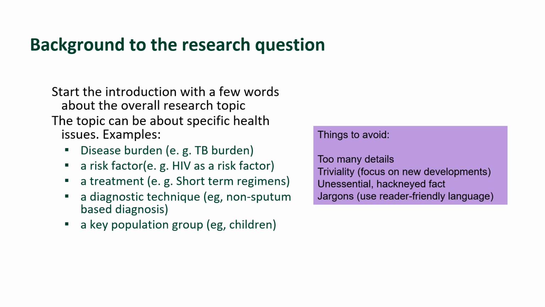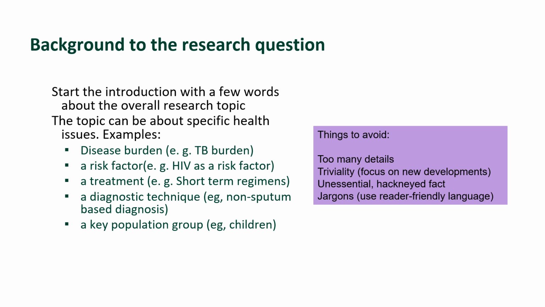That's my background, and I'll be happy to even give more details on this topic in the future. But for now, the examples of things that you can write in the introduction include the disease burden. For example, for TB, we always talk about the global burden, the regional burden, and then you go to the national or specific site burden.